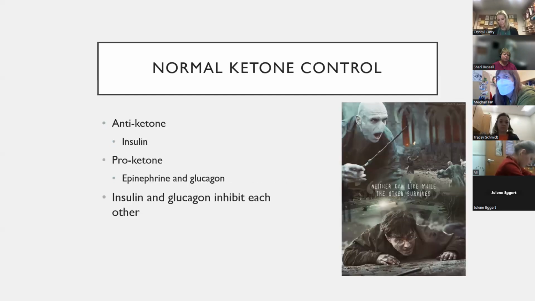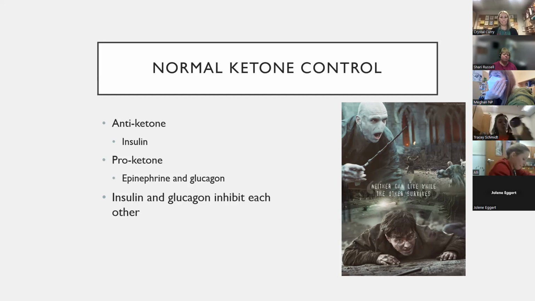And so in the normal body, in normal ketone control, if you're secreting insulin, your body is saying, I have enough glucose around for me to make insulin to control that glucose. And so having insulin will provide a natural stop to ketone production. Conversely, if you don't have enough blood glucose around, your body's probably making epinephrine, it's probably making glucagon, and those hormones will naturally prompt ketone production.